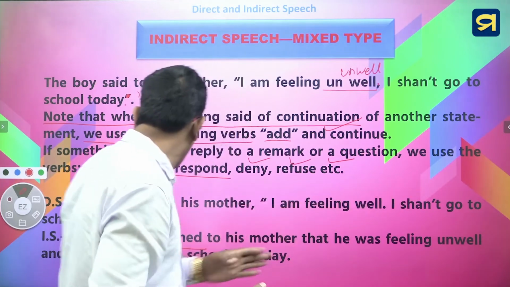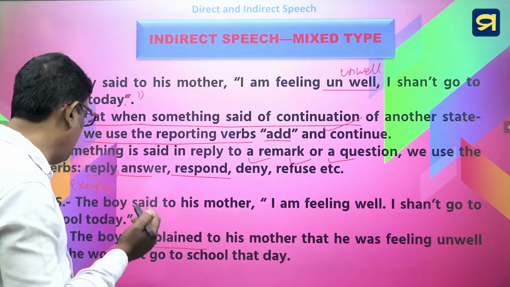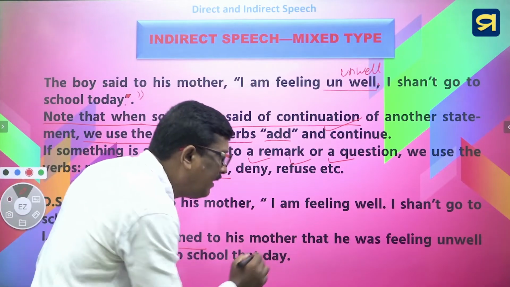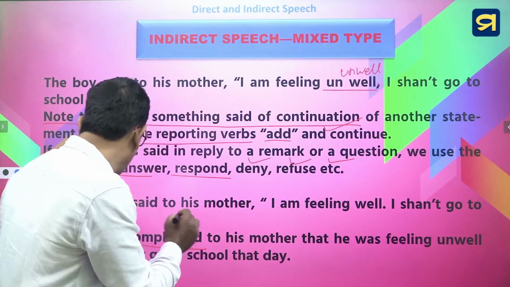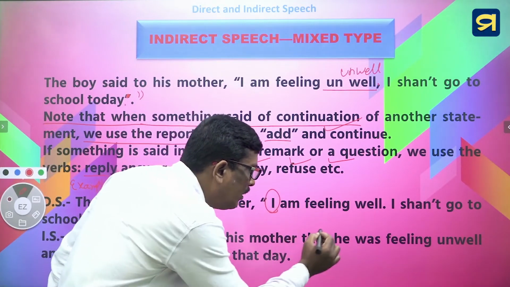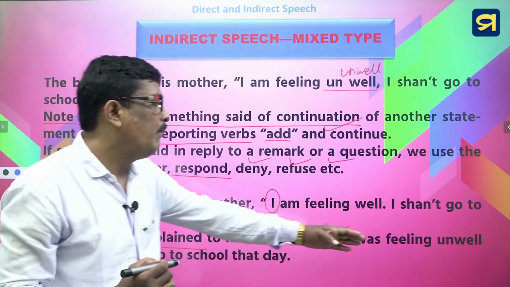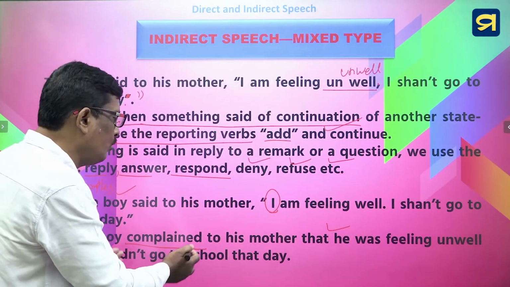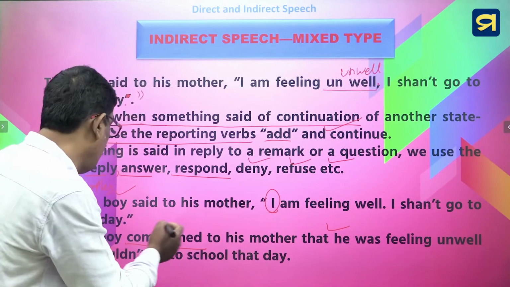I shan't go to school today. Then we will change: the boy complained to his mother that, here I means who? The boy. That's why instead of I, what will he use? He. He was feeling unwell and he wouldn't go to school that day. Today will be changed into that day.